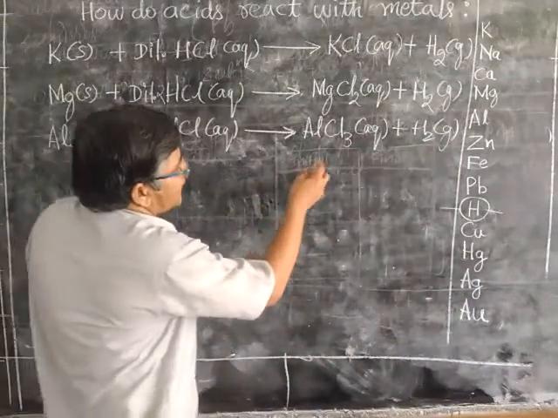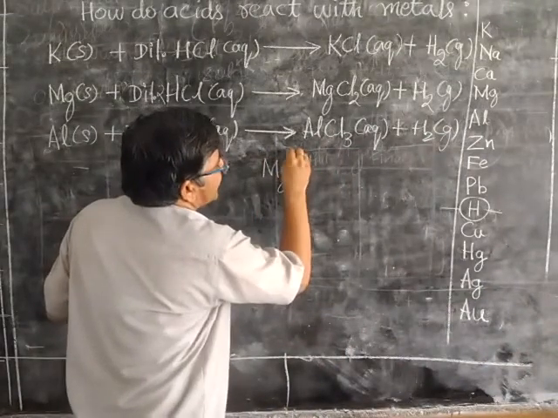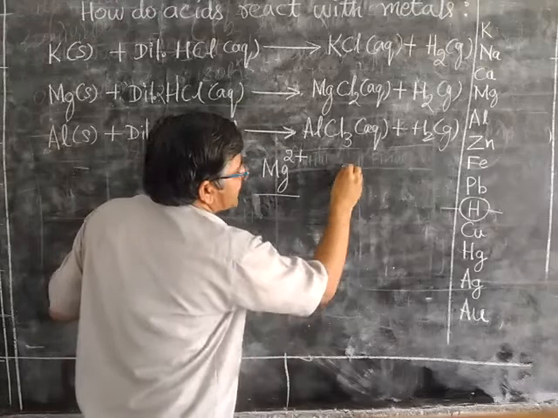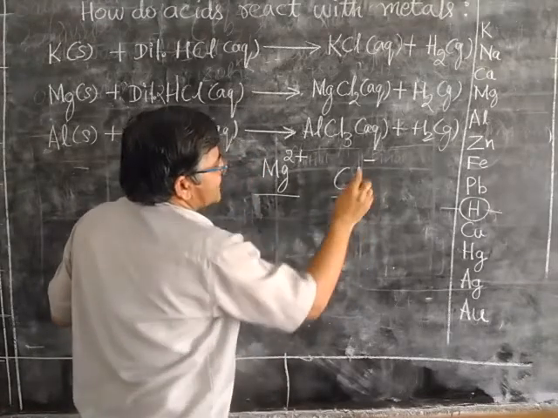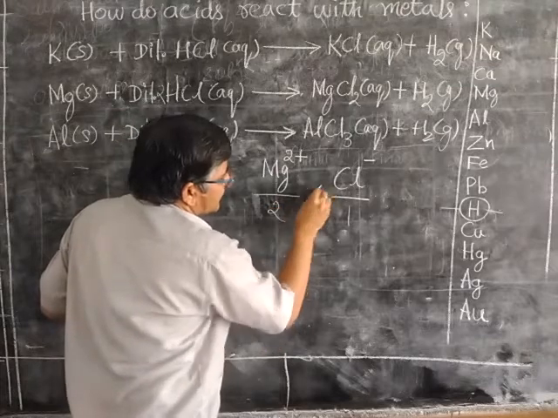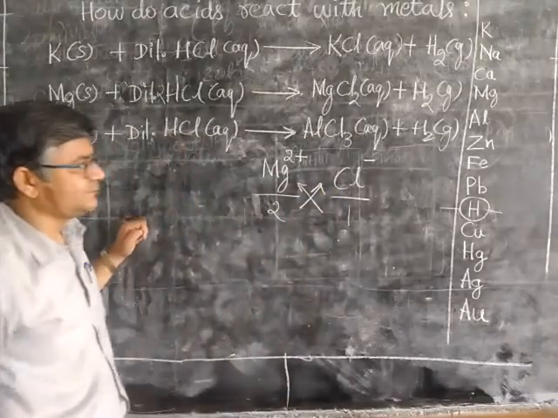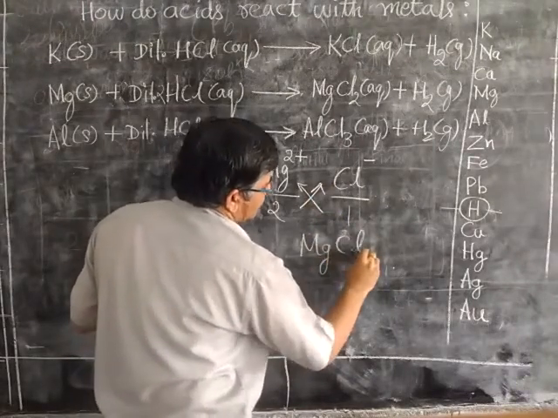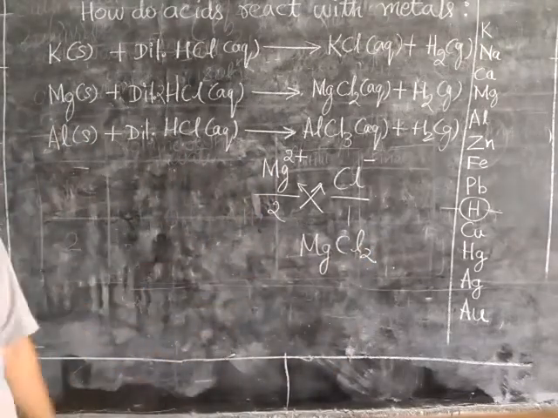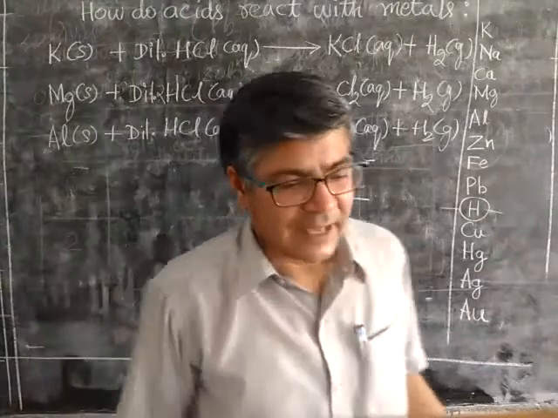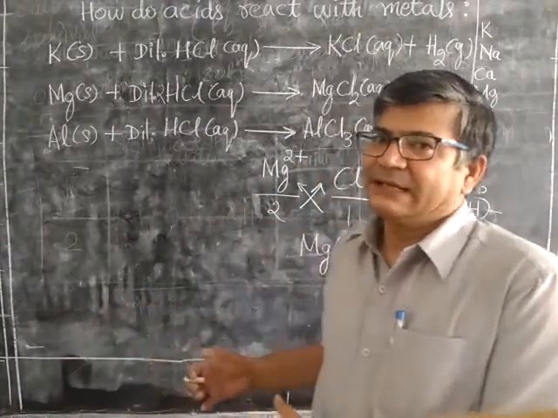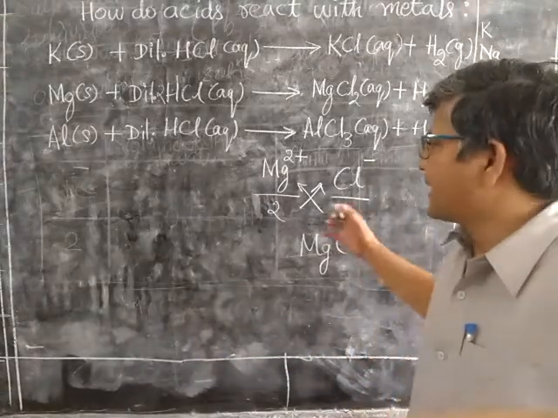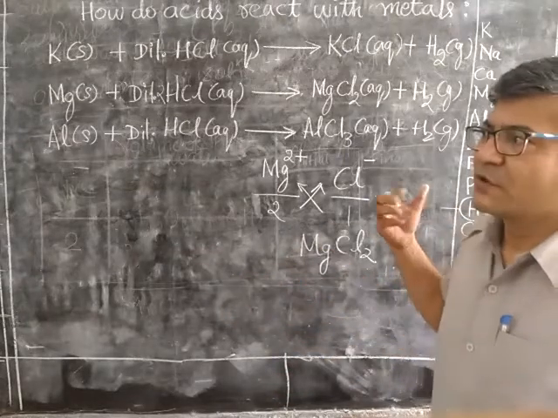Recall that magnesium, atomic number 12, electronic configuration 2, 8, 2, has 2 positive charge, whereas chloride ion has -1 charge. So you wrote these values like this and interchanged these values, and you got MgCl2 in class 9th. Again in this class you have to recall those reactions or combinations or concepts once again.